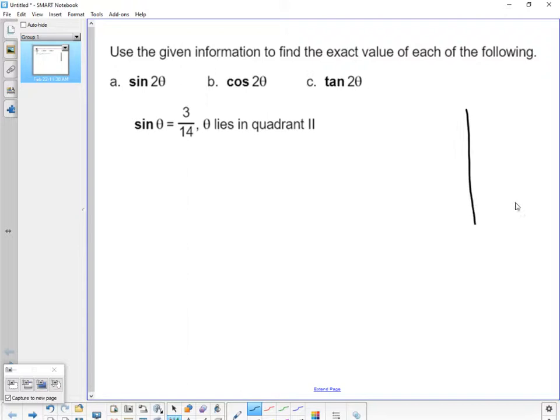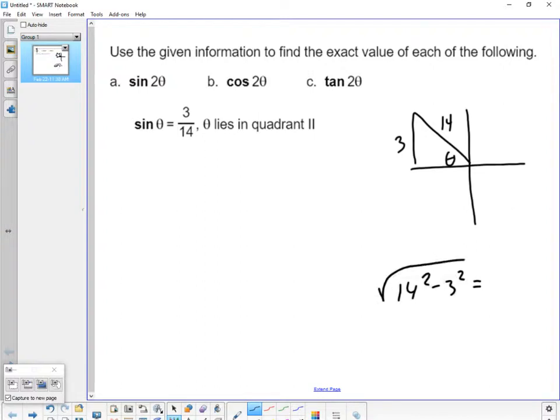So let's see here. We know that in quadrant 2, it's going to live this thing called sine theta. So our theta here is going to be opposite over 14. What's my x value here, my cosine? 14 squared take away 3 squared, or the square root of that anyway.